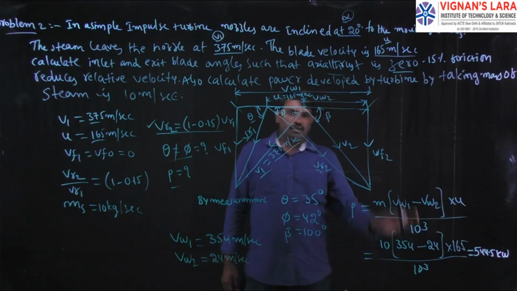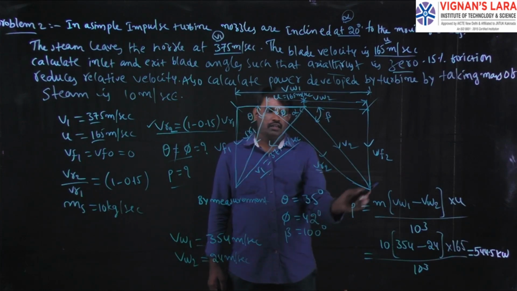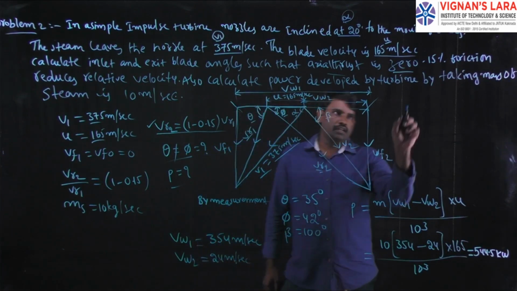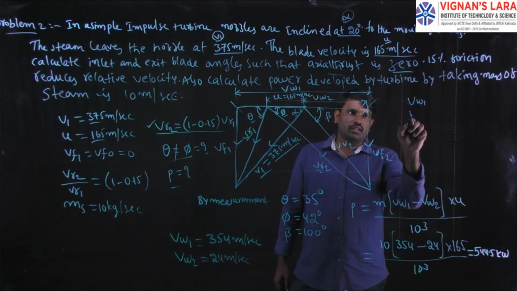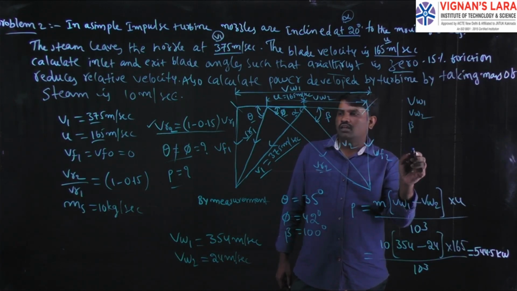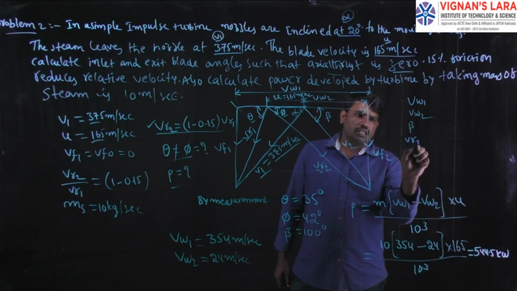After completing the diagram, you can easily measure all the velocities in the triangle: VW1, VW2, beta, VR2 and V2.